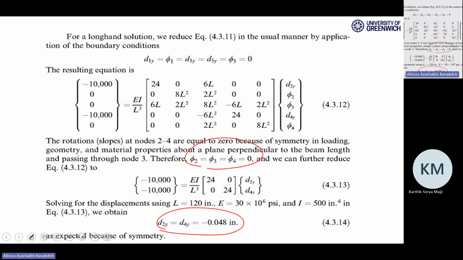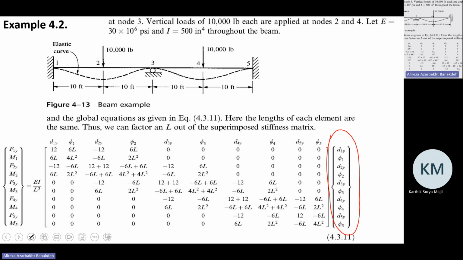The core knowledge of this method is this inversion and multiplication to come up with these, right? When you do this, you have these 5 unknown deformations. Deformation means translational and rotational, both of them. So here, 5 of these 10 were 0, and the other 5 are now determined, calculated in the next slide.